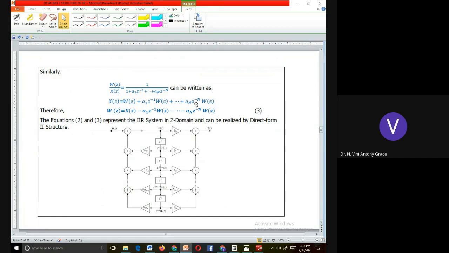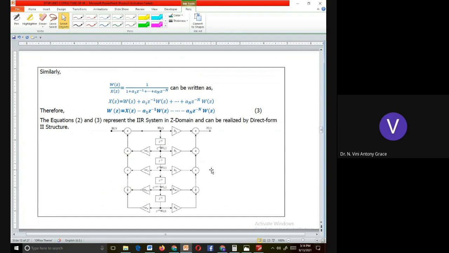Now in this equation, you bring W of z alone to the left hand side and bring all the other terms to the right hand side. This is an additional step that you have to do. W of z alone you keep here and bring all the terms to the other side. So it is X of z minus a1 z inverse minus ... an z power minus n W of z.